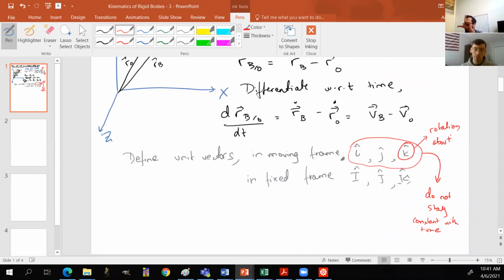If you look at i hat and j hat, with k coming out, because of the rotation, i hat and j hat are constantly changing directions. So they are not constant because they are changing directions with respect to time, since the frame is rotating.